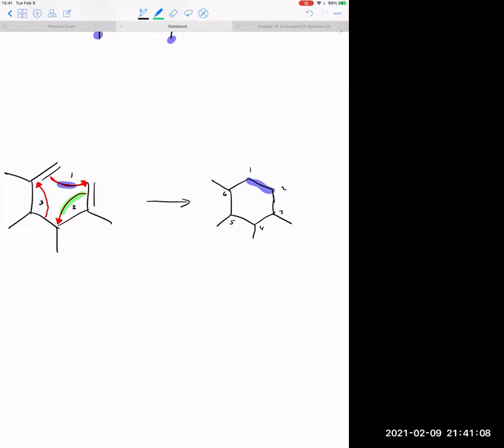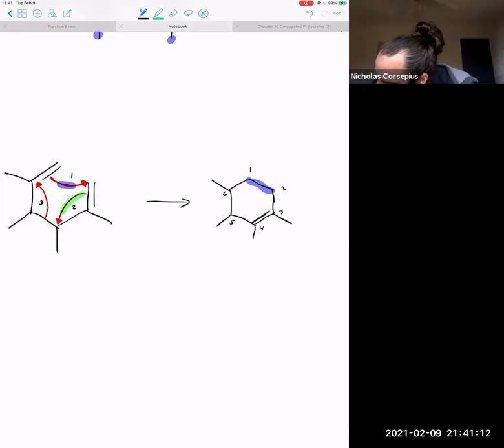It becomes a double bond between 3 and 4. Nice, yep. So sort of color coding here, this pair of electrons is from my green jump. What about this third arrow? What does that do?